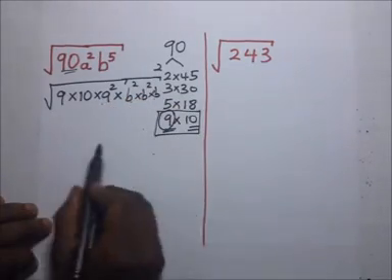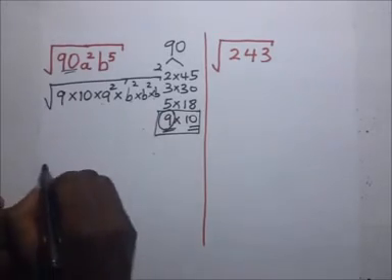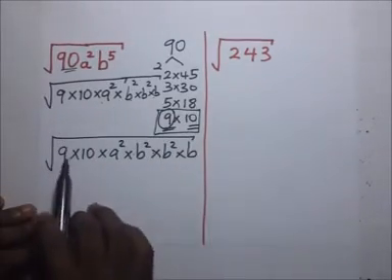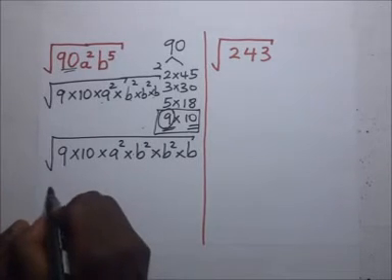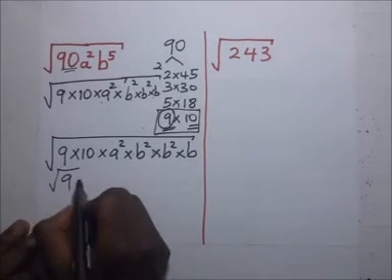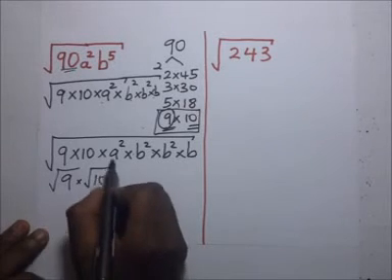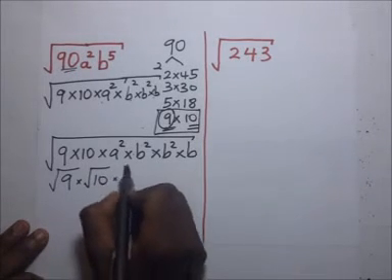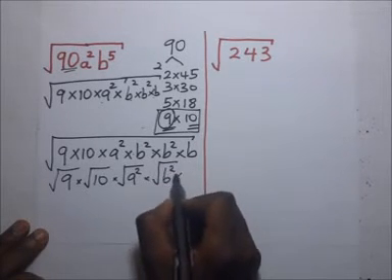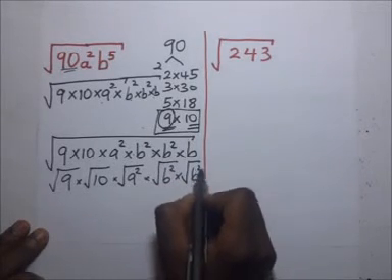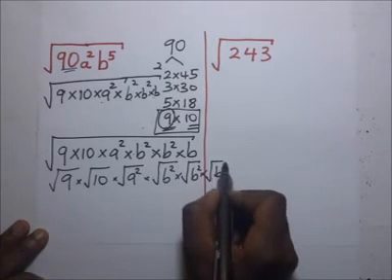Let me rewrite this here. Now this is definitely the same as the square root of 9 times the square root of 10 times the square root of a squared times the square root of b squared times the square root of b squared times the square root of b.